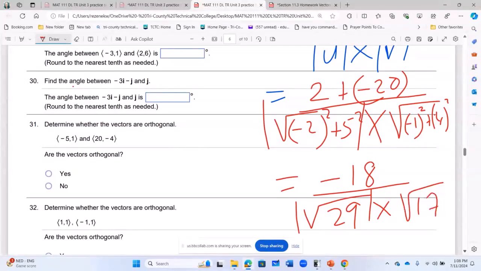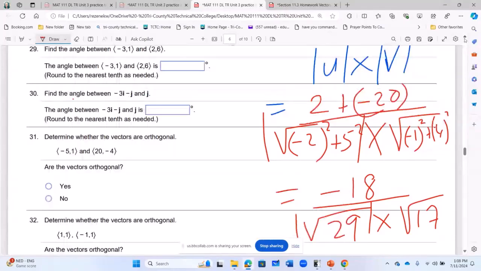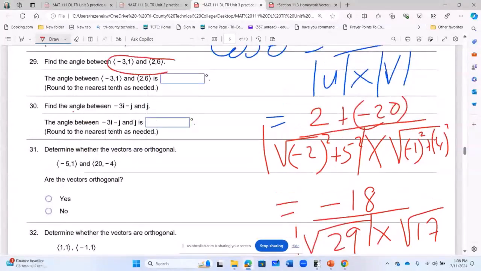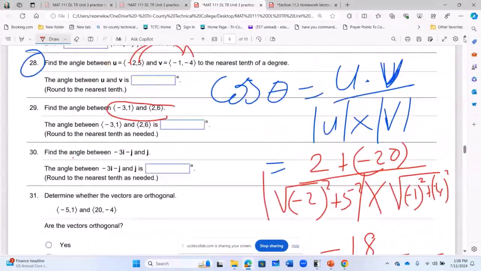And then I can find the angle between these two vectors. Of course, if I graph these two vectors, you would see that these two vectors are not in the first quadrant, but we're looking for the angle between them.